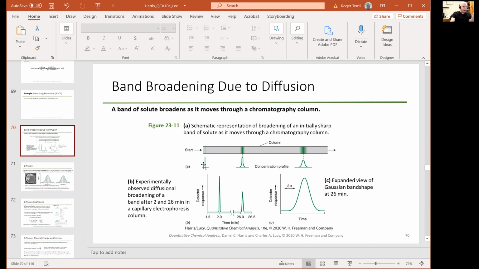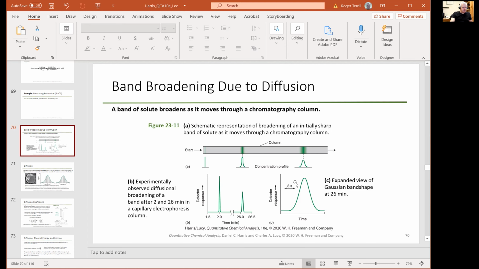Ideally, it'll start as a very narrow band. Then as that solute band progresses down the column, the peak in concentration will come down and the sides will increase, so it gets broader. So the peak profile that it produces at a detector downstream becomes broader.